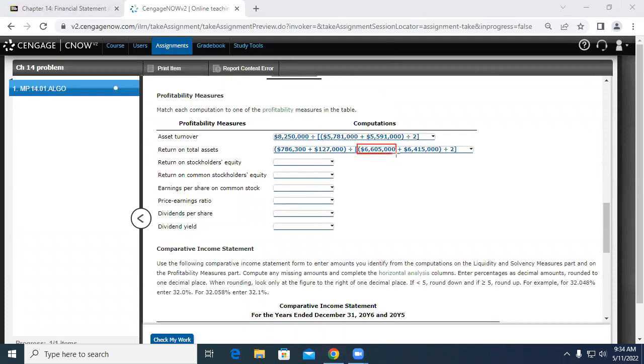So we now know that this is our total assets, and that this number is our total assets minus long-term investments. So if we find the difference between those two numbers, that will be our long-term investments.